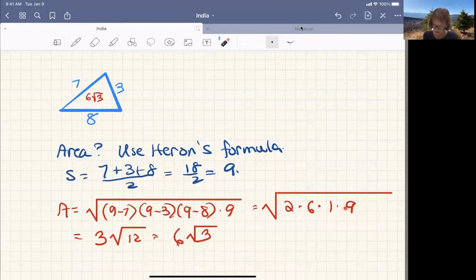Let's pull the 9 out because that's a perfect square. We'll pull that out as a 3. So we're left with 3 times the square root of 12. Now 12 is 4 times 3. 4 is a perfect square, so we'll pull that out as a 2. So we get 6 times the square root of 3. And so we get as the area of that triangle, 6 times the square root of 3.